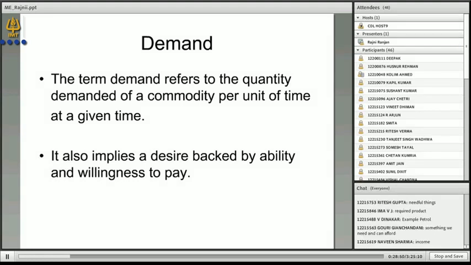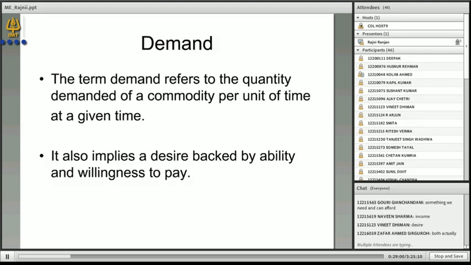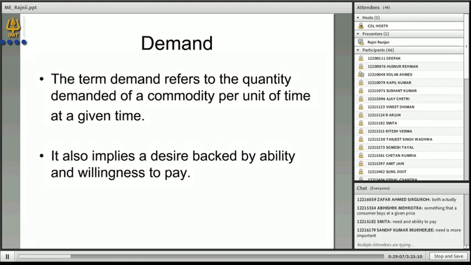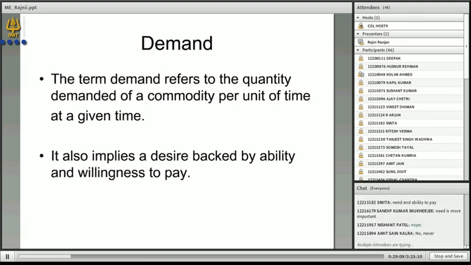But is it only the need or the desire that is important? Suppose I desire, as a middle class person, a BMW. Do you think I have the demand for a BMW? It's not always that need is the initial drive.